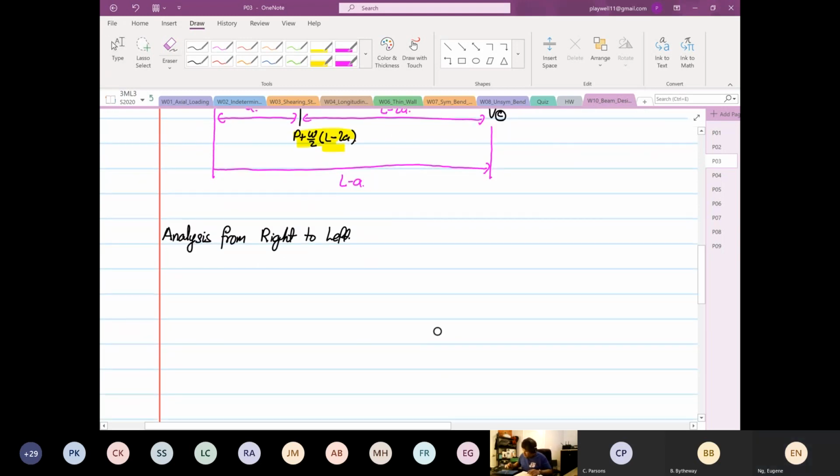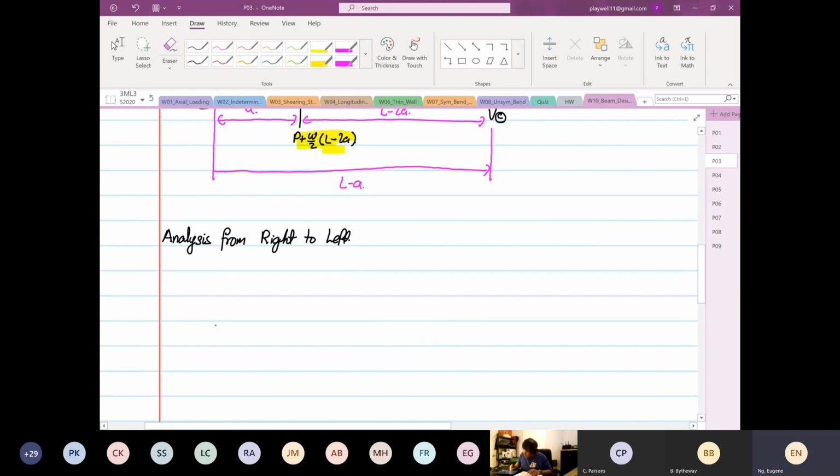So the geometric distance is still the same. We still want x equal to L minus A, still the same. So from here to here, this is our L minus A. And then this will be our point C, and this will be our point D. We know that we have a force down here.